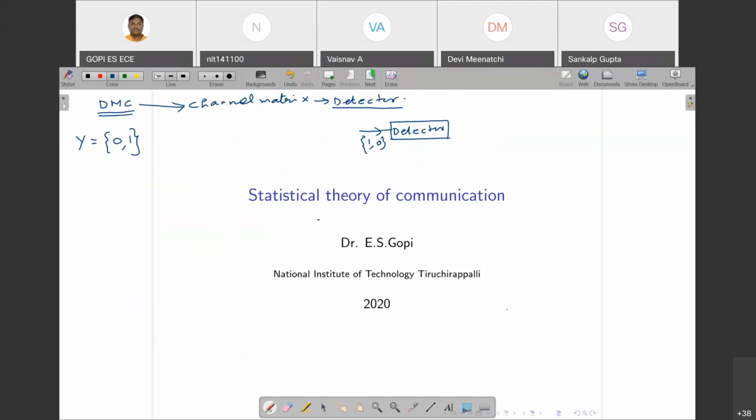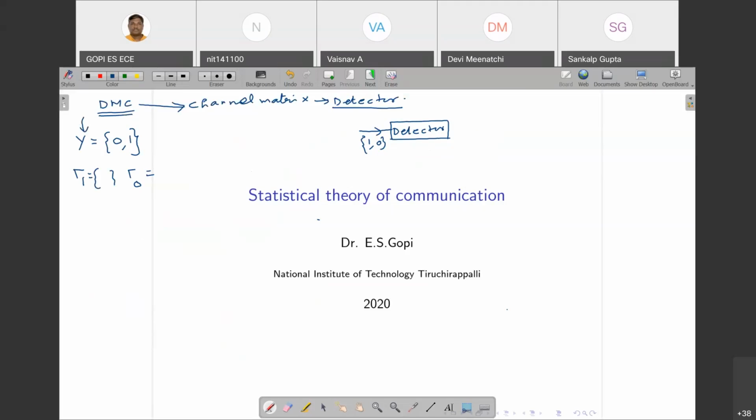Now mathematically we can say that the detector is basically the problem of finding the partition set. We have two sets here, gamma 1 and gamma naught. You are going to divide, or partition, whatever possible outcomes you can have in the receiver section into two sets.